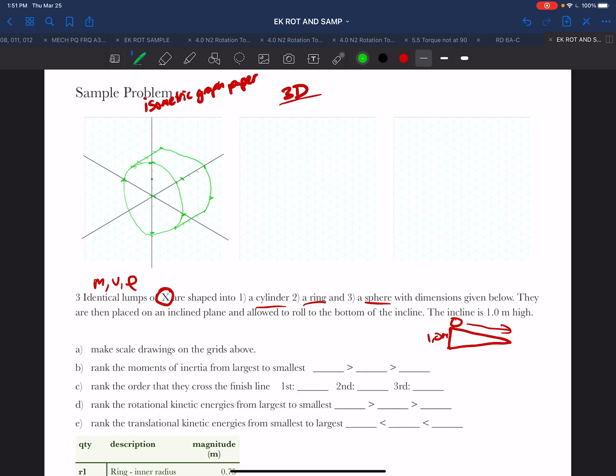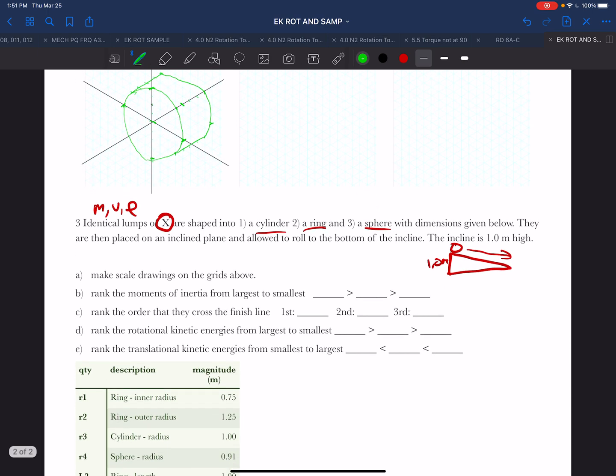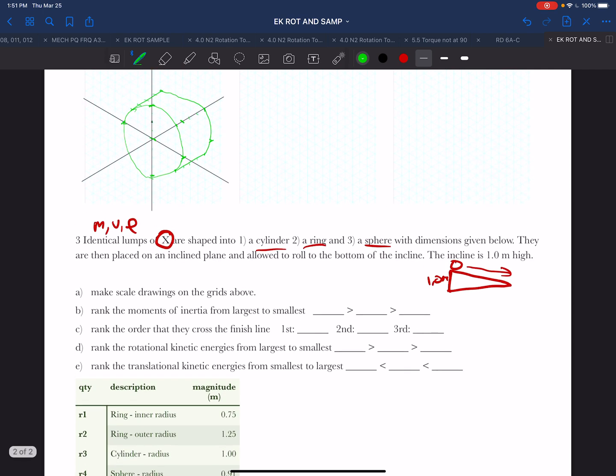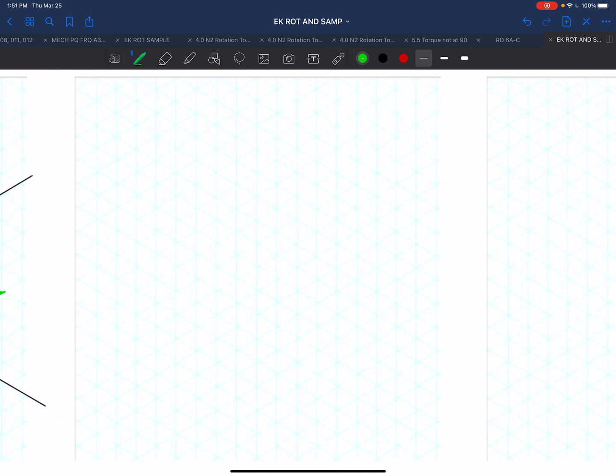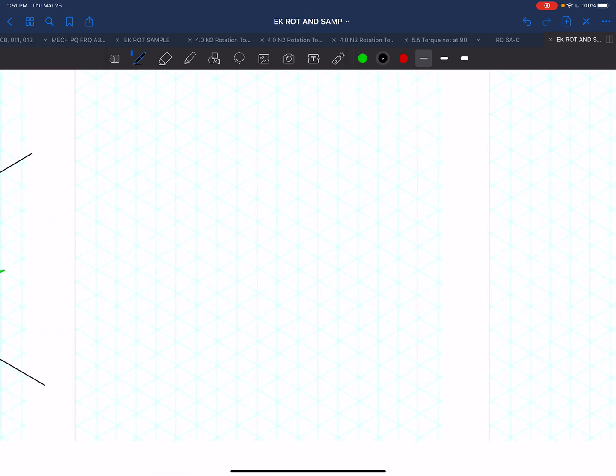Next we'll draw the ring. The ring has an inner radius of 0.75, outer of 1.25, and its length is also 1. So we have something in common there. We see how we're going to do this.